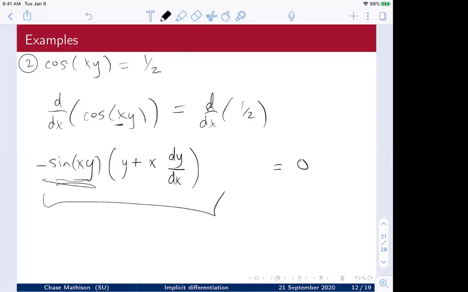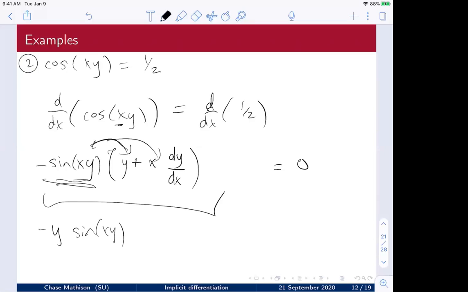So actually, something that might be a little better to do, we're still going to have to divide by sine of x times y, but this will make it more explicit when division by 0 is not okay. So first I'm going to distribute this negative y. Again, this is not really necessary. We could just divide by sine of x times y and make the caveat.